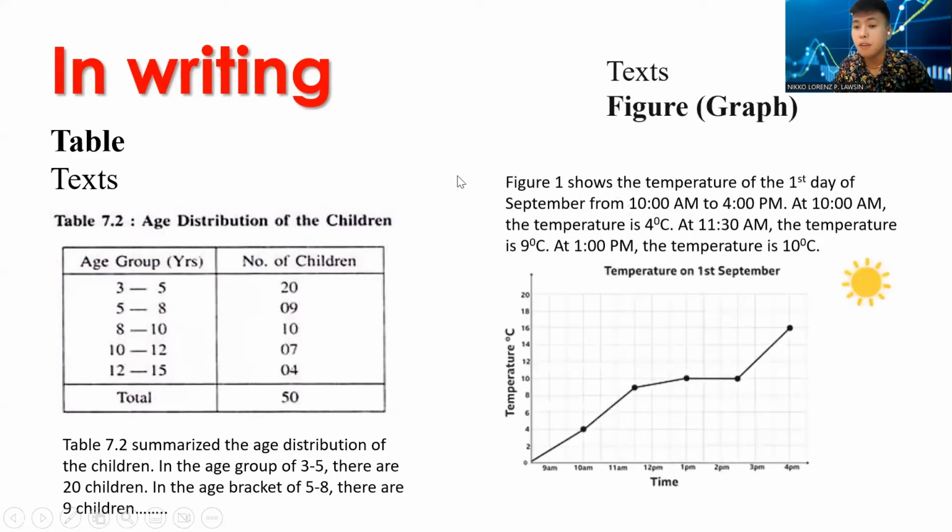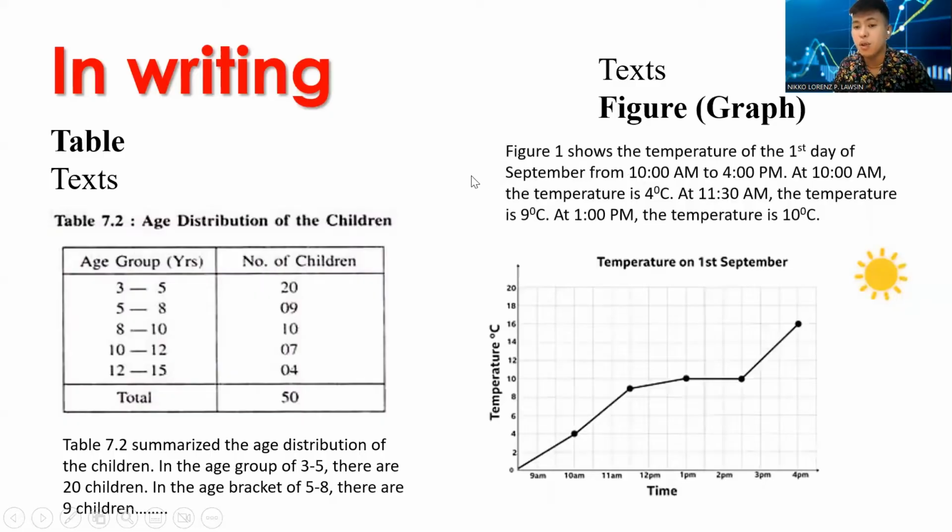While in figures, or if you utilize figures or a graph, the text comes first before the figure. So figure 1 shows the temperature of the first day of September from 10 a.m. to 4 p.m. At 10 a.m., you can see here, the temperature is 4 degrees Celsius.